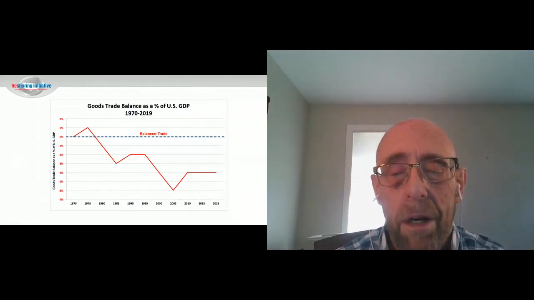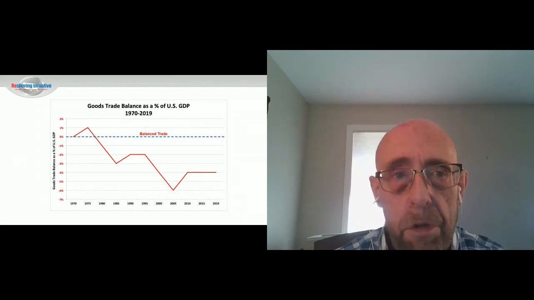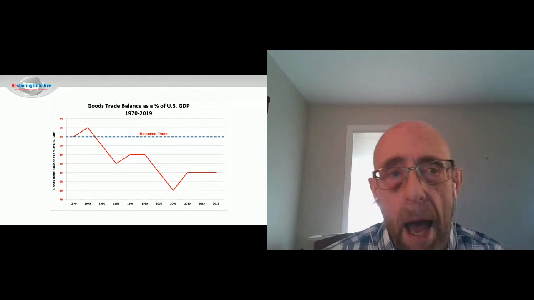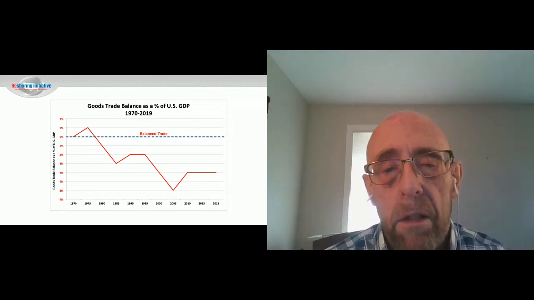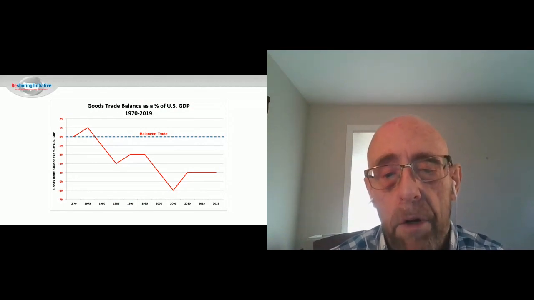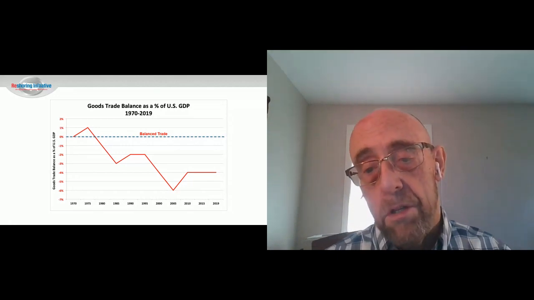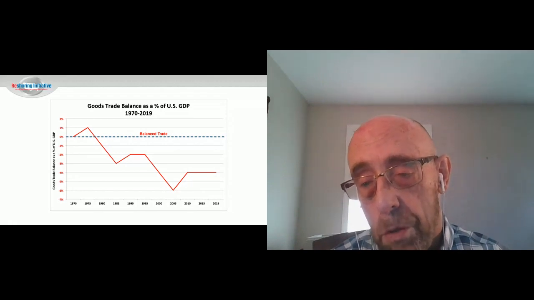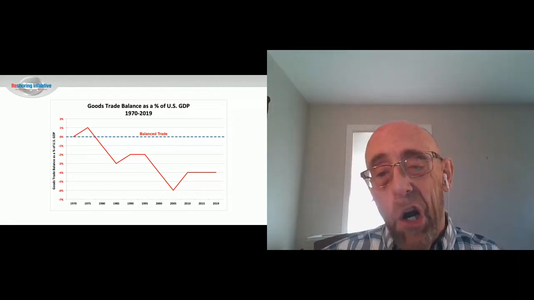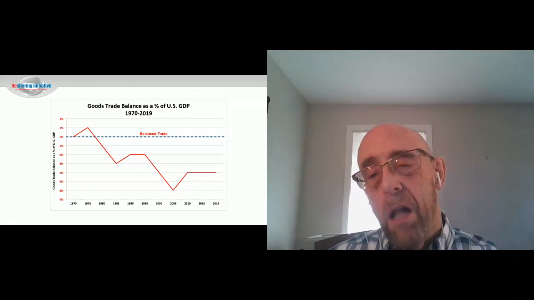So this is a chart showing the trade balance. After the Second World War, we had a dramatic surplus, and that declined to about break even around 1979, and then has come down since, such that for the last 2 or 3 years we're averaging about $800 billion trade deficit.